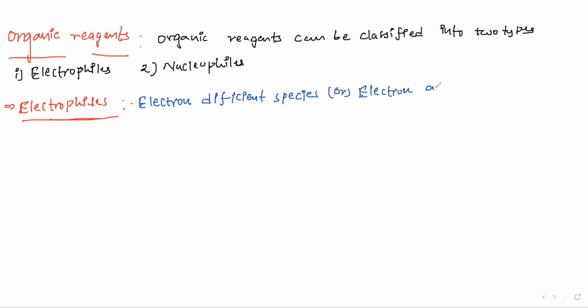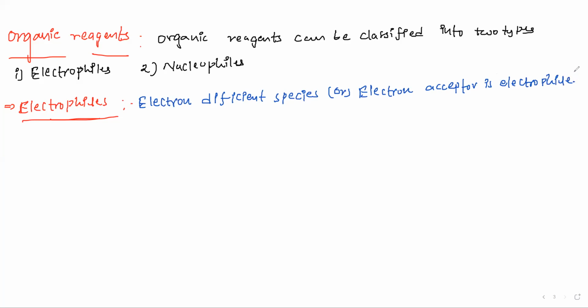Because it has an empty orbital, so it requires electrons. That's why it is also called an electron acceptor. That is an electrophile.